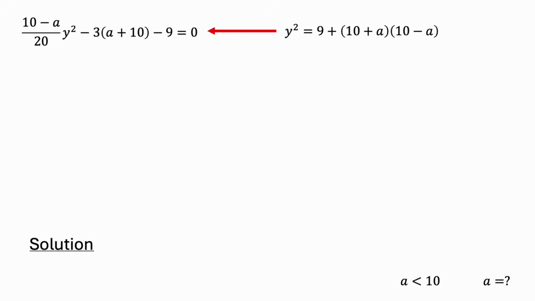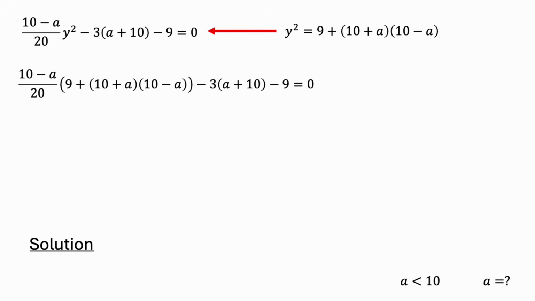Substituting the expression for y squared into the previous equation, we have (10 minus a) over 20 times (9 plus (10 plus a) times (10 minus a)) minus 3 times (a plus 10) minus 9 equals 0.